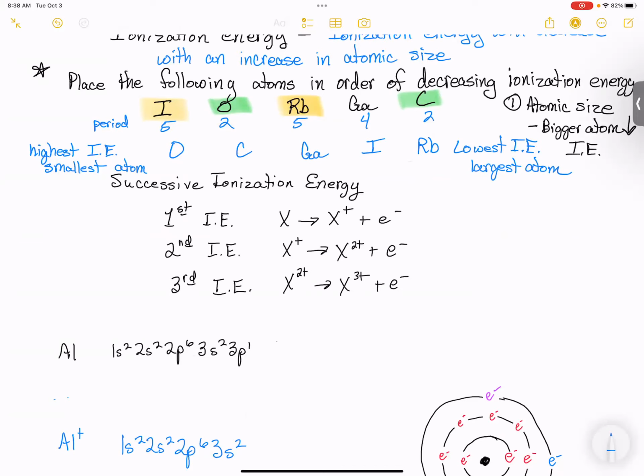The first ionization energy is the loss of the first electron. The second ionization energy is the loss of the second electron to make a +2. And the third ionization energy is the energy required to lose a third electron to make a +3.